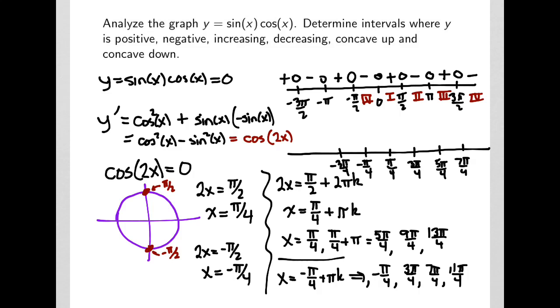As I think about my sign analysis, if I think about a particular interval, negative pi over 4 to pi over 4, if I were to double that, I'd be from negative pi over 2 to pi over 2. So on the unit circle, that's where my cosine happens to be positive.